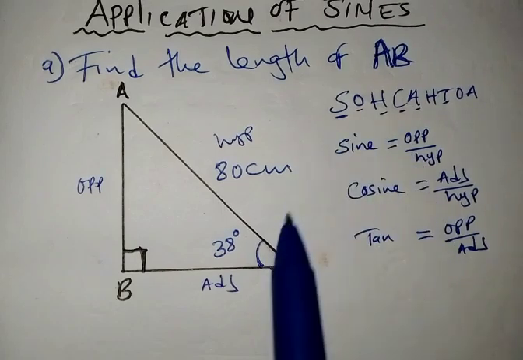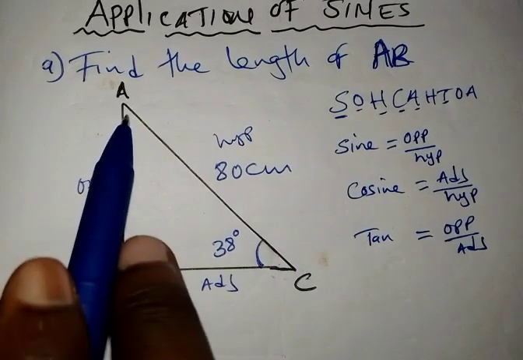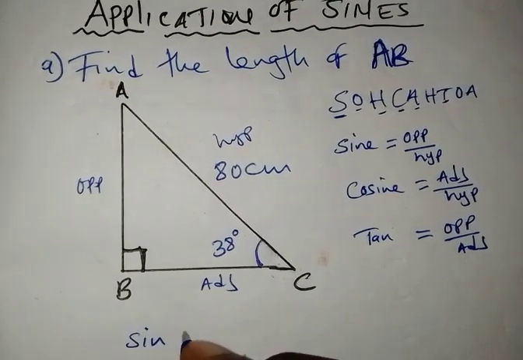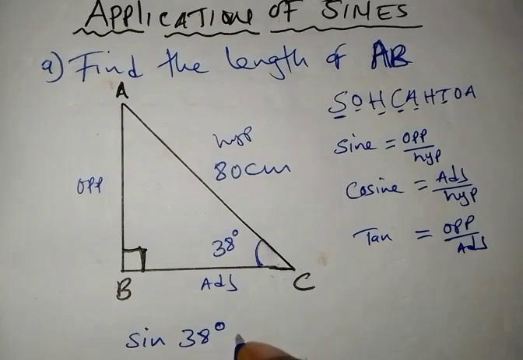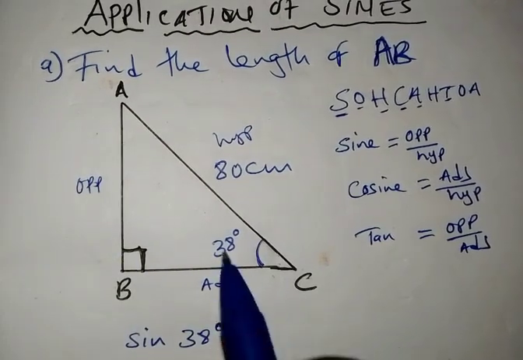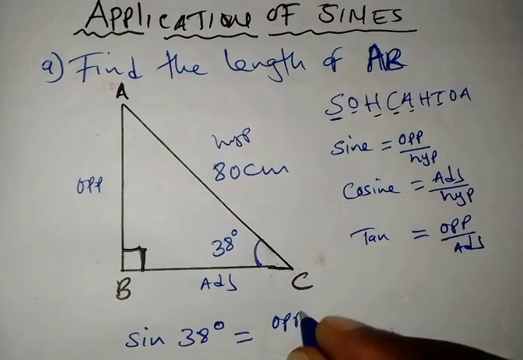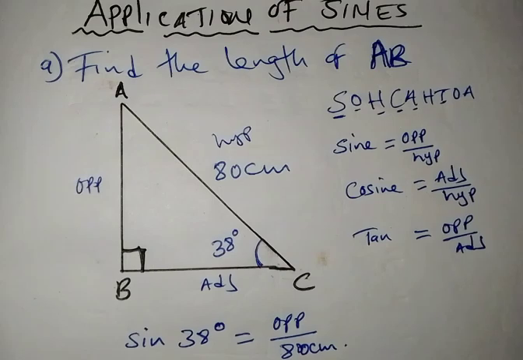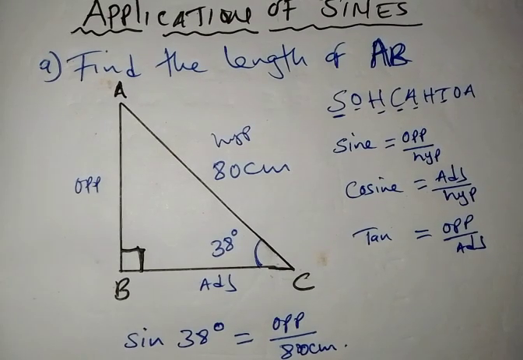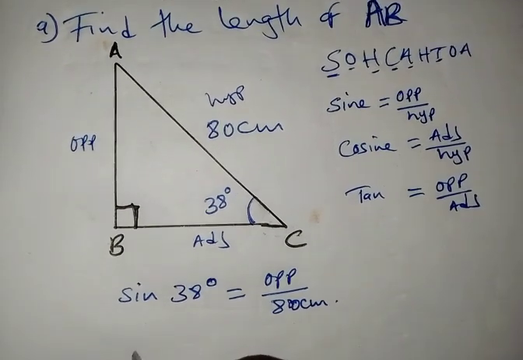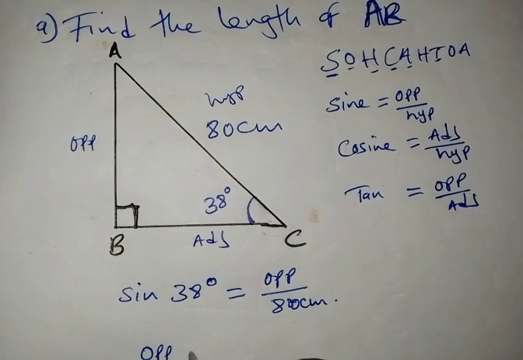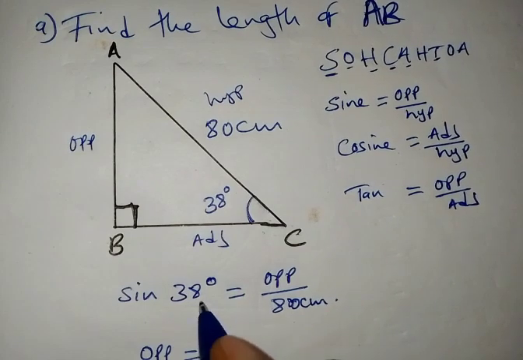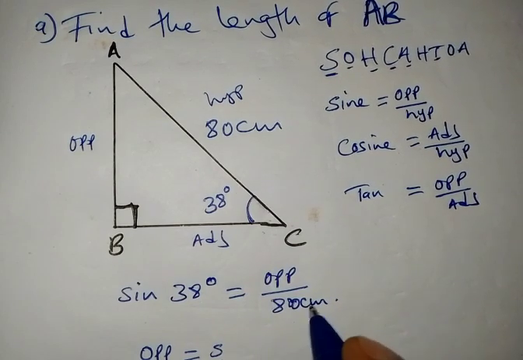So we are going to apply the sine to get this measurement. The sine of that 80 degrees is supposed to be given by the opposite. In our case, we don't know the opposite. It's supposed to be given by the opposite divided by 80 centimeter. So to get now the opposite, you just multiply the sine of 38 by 80 centimeter.